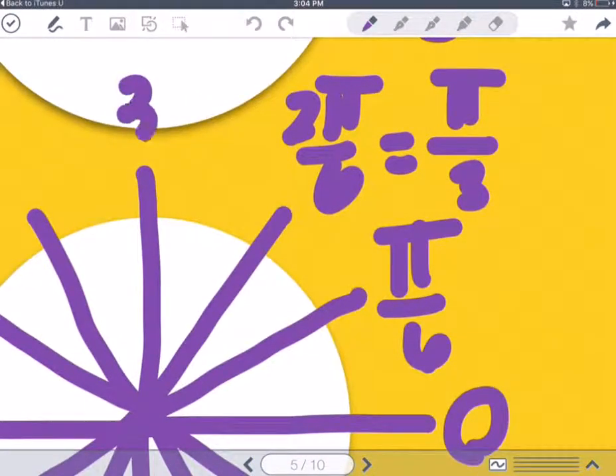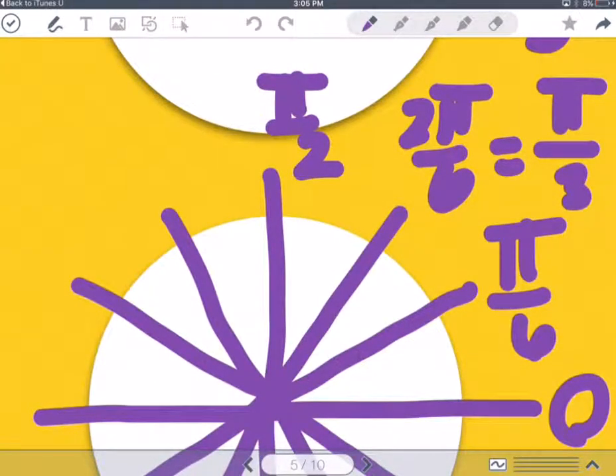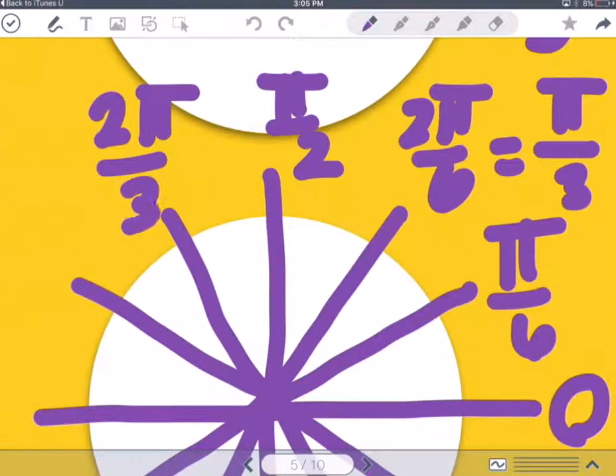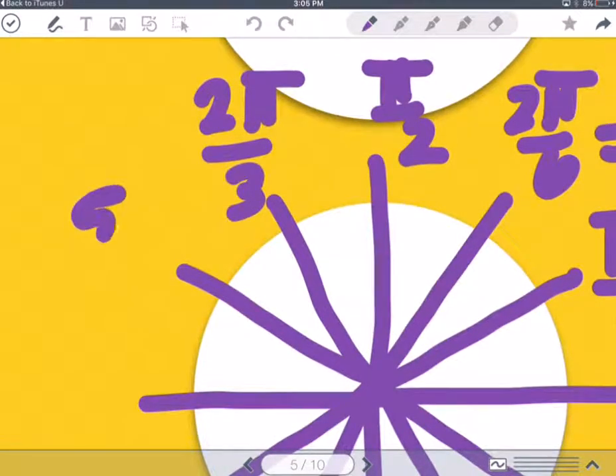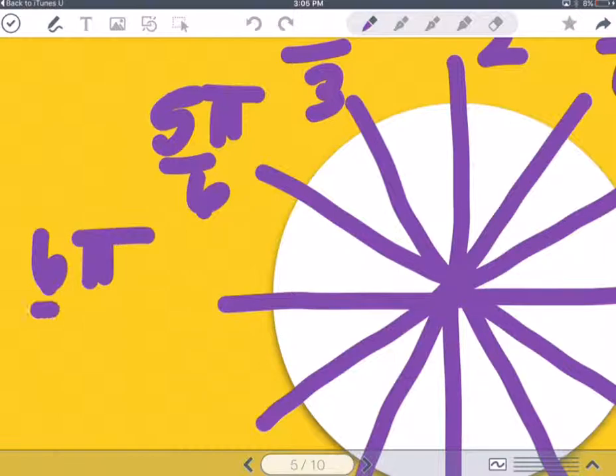And then this you would write as 3 pi over 6, but a nicer way of writing that is just pi over 2. Then you're going to have 4 pi over 6, which just reduces to 2 pi over 3, 5 pi over 6, and this would be 6 pi over 6, which just reduces to pi.